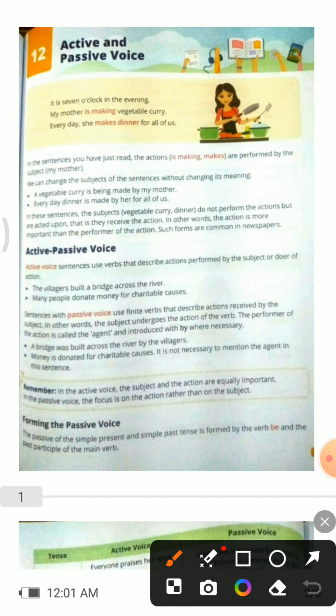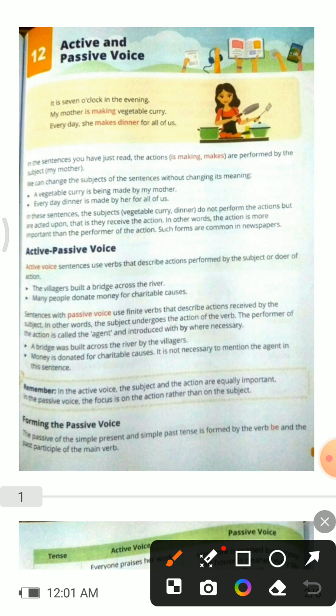When we come to the passive form, things change a little bit. The focus is on the action now, rather than the subject. The action comes first, and the subject is written a little later. How it happens, we will be studying in the next video, in the next class. Till then, goodbye.